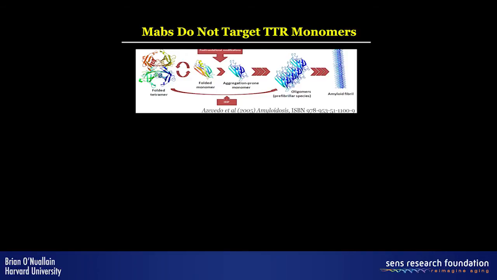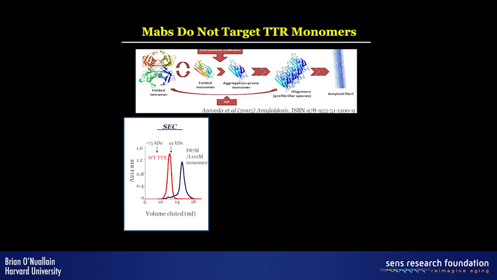So now that we had determined our antibodies had some of the properties we'd like for a diagnostic antibody in terms of specificity for aggregated TTR, I go back to the mechanism I showed earlier. We wanted to see whether these antibodies were able to recognize TTR monomers, because that's one of the first steps that's believed to occur, dissociation of TTR to monomers to initiate aggregation of the protein.